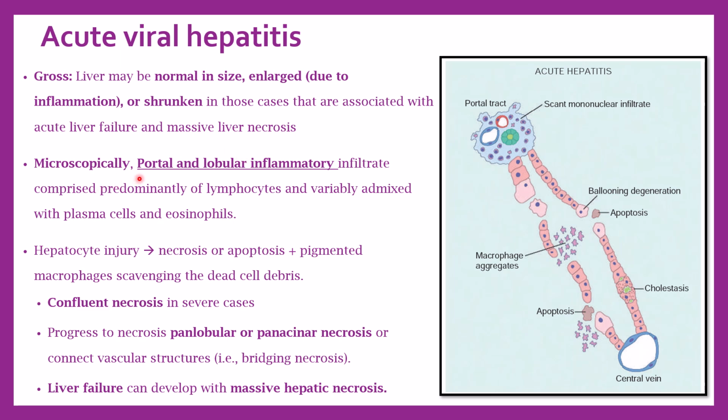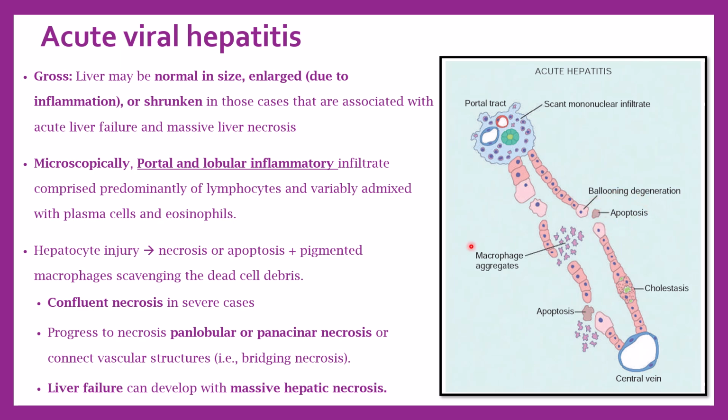Microscopically, the liver would show portal and lobular inflammatory infiltrates predominantly of lymphocytes, mononuclear cells. And the hepatocyte injury can lead to necrosis or apoptosis of the cells, which is called Councilman bodies.